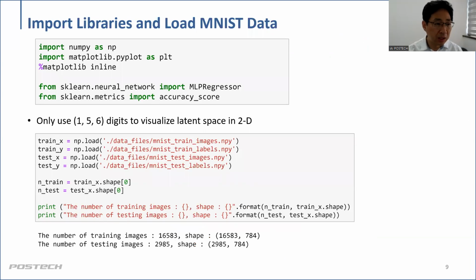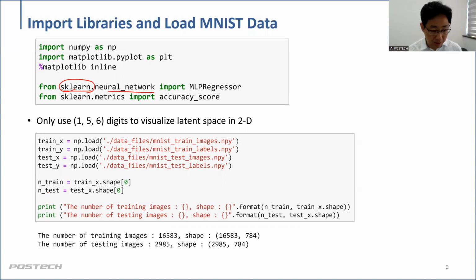I'm going to switch to the Jupyter notebook to execute it later on. Here we need some sklearn and neural networks. Probably later on you will use TensorFlow, but like I said, this is a machine learning course, so I decided to use scikit-learn.